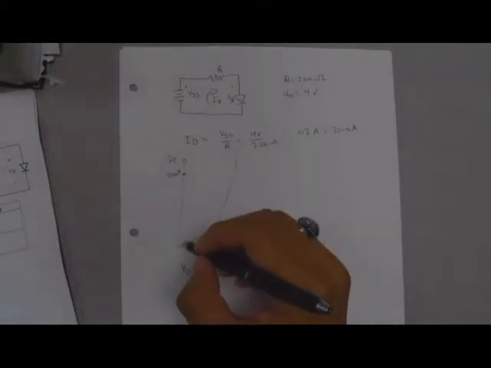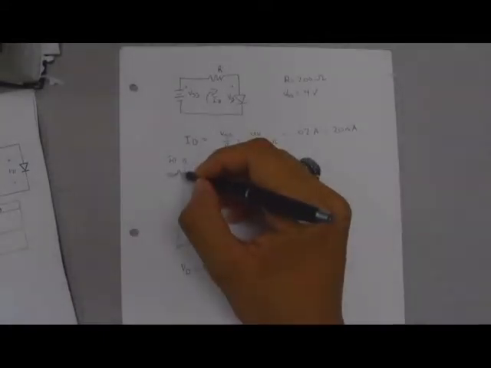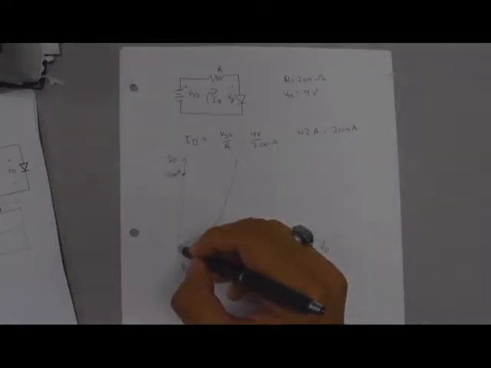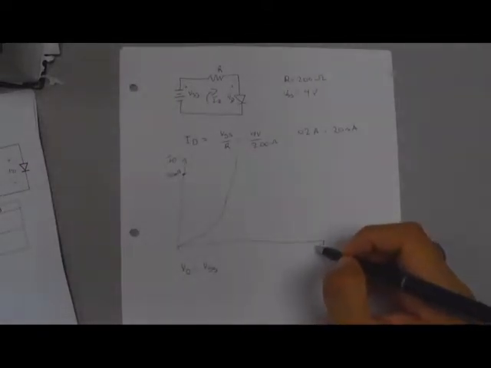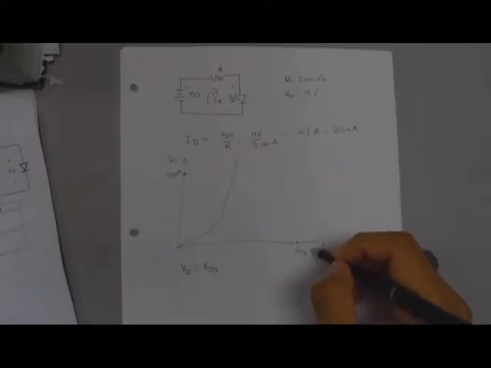So essentially we have where VD is 0 and we have maximum current, and then where we have no current and maximum voltage, which is also equal to 4 volts.